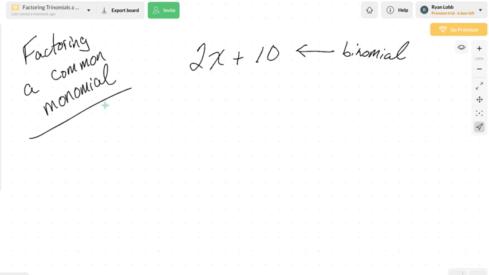When we're talking about monomial, we're talking about what's in common here. What's a common factor of 2x and 10? In other words, what would divide evenly into 2x and the 10? You should be able to easily identify that as a 2. So what we're going to do is write down 2. This is my common monomial.